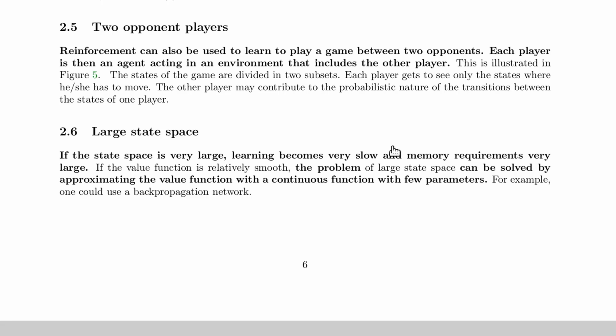Much too large for the standard discrete reinforcement learning to work that we have seen so far. So what you can do in these cases, you can approximate the value function by a neural network, let's say. So you need some function approximator that works in the state space but has much fewer parameters than you would need to represent all the values of the different states.